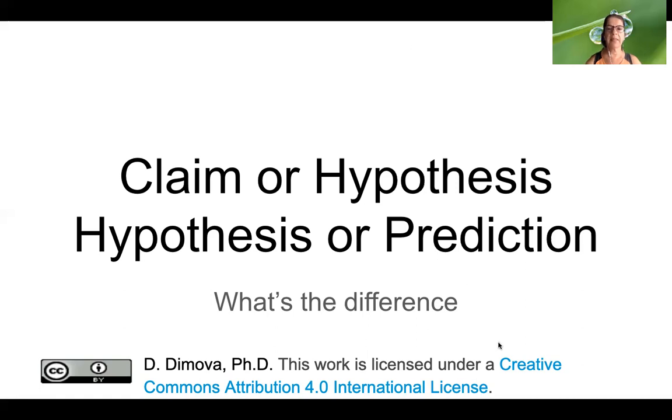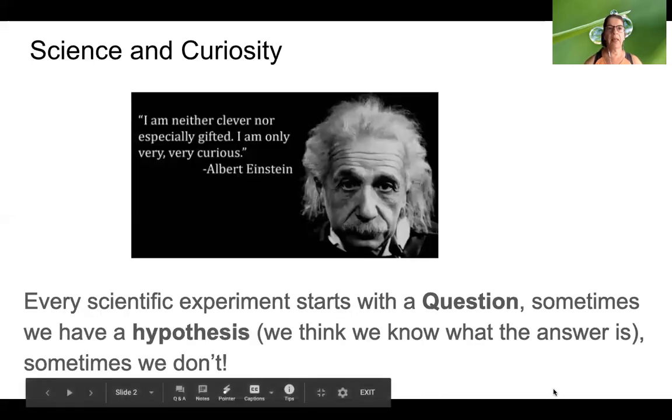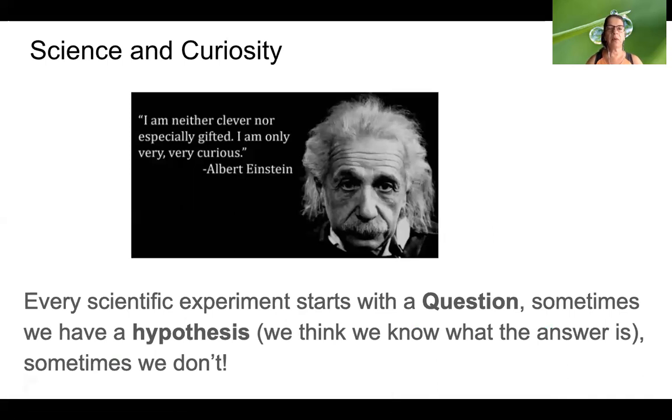So let's get started, and we're going to start with one of my favorite quotes by one of our favorite neighborhood scientists. He worked in Princeton, close to where we are. Albert Einstein said, "I am neither clever nor especially gifted. I'm only very, very curious."